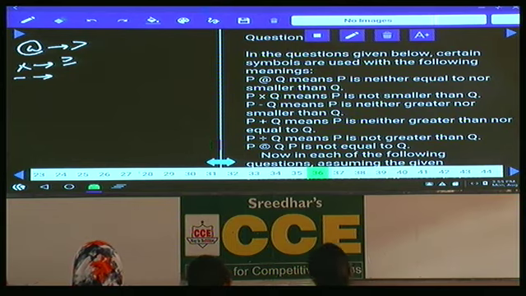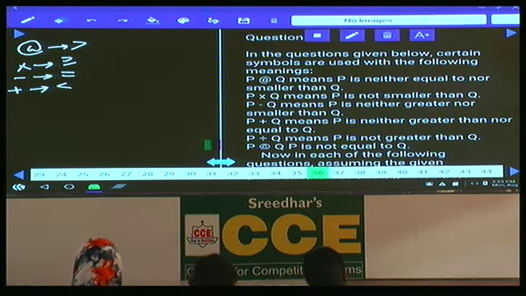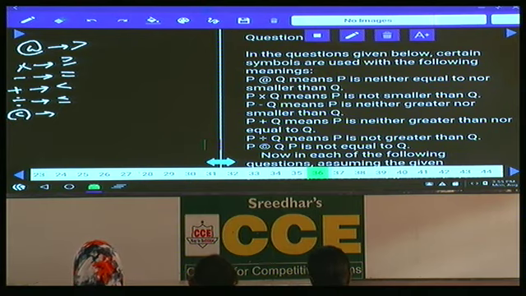And minus stands for neither greater nor smaller, that means it must be equal to. And plus stands for neither greater nor equal to, that is lesser than. And division stands for not greater than, meaning lesser than or equal to. And copyright stands for not equal to.